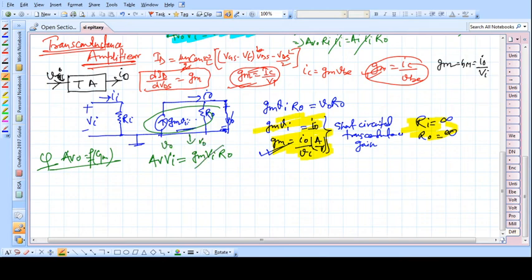So this Vi cancels out, so we can write Av equals Gm R naught. So this is the relationship between the transconductance amplifier gain and the voltage amplifier gain. The transconductance amplifier gain multiplied by the output resistance will be the same as the voltage amplifier gain.